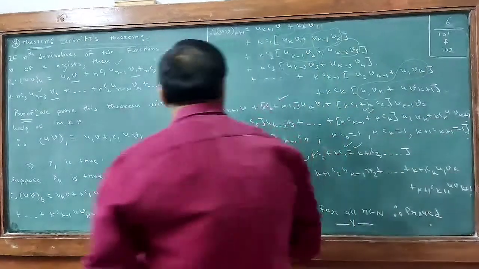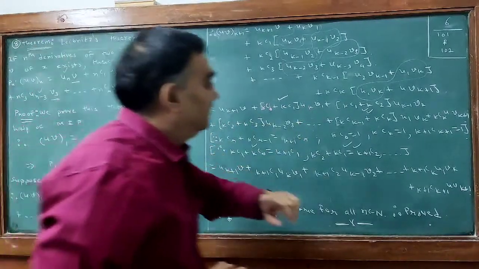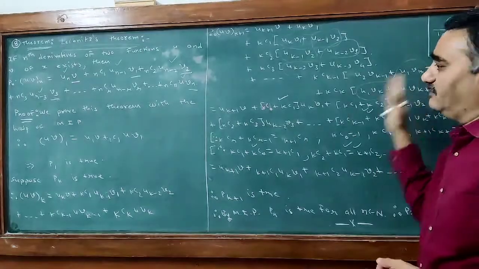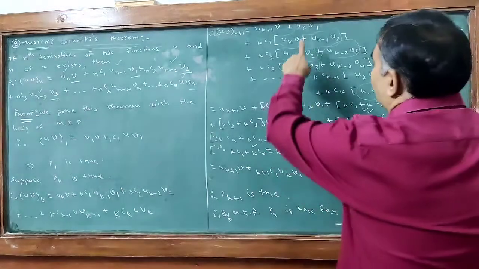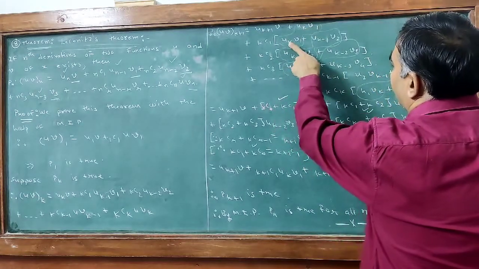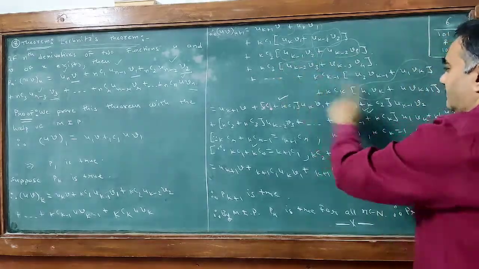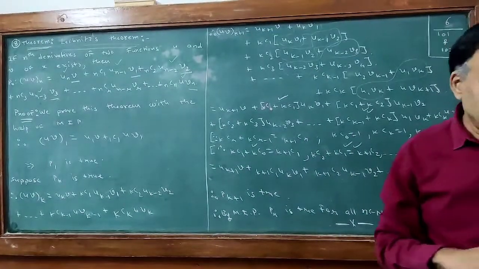Now we combine the similar terms, uk v1, uk-1 v2, uk-2 v3, all these terms are combined, and therefore we are taking it in common.